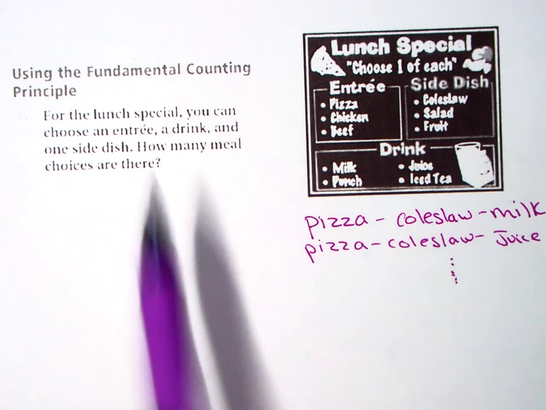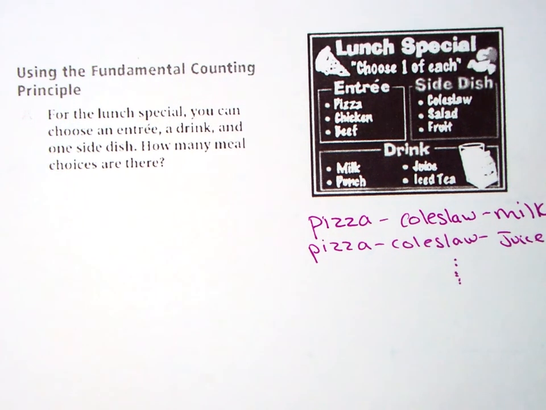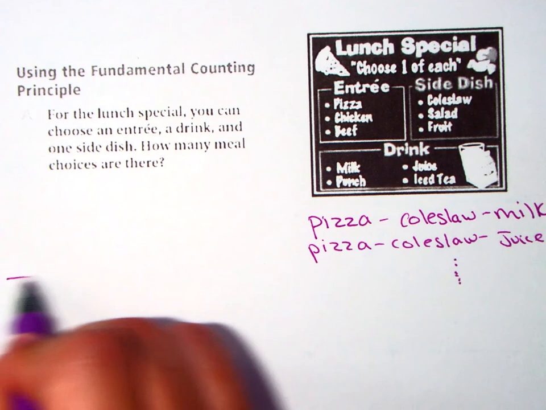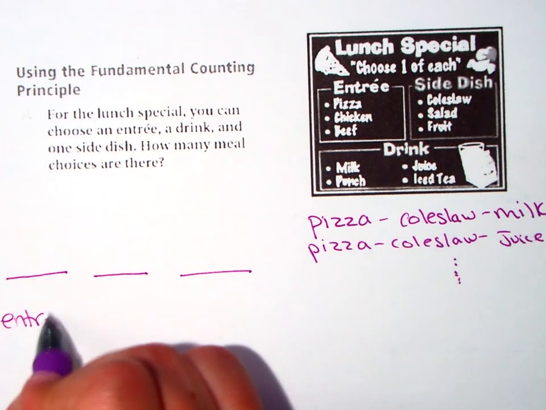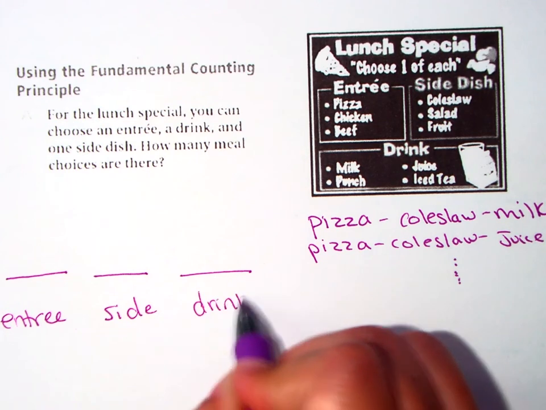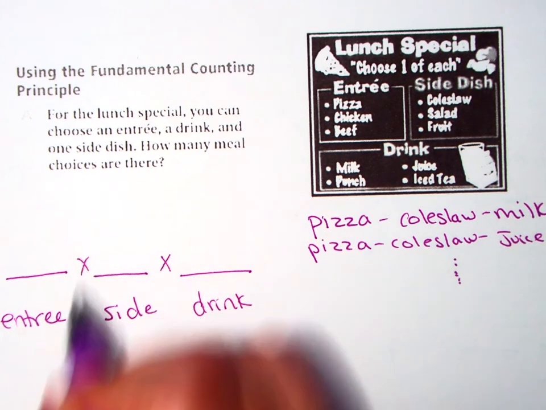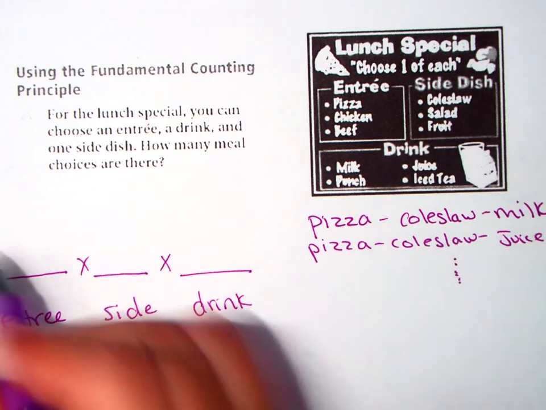Okay, so what our fundamental counting principle lets us do is we multiply all of our options together. So we have 3 options. Okay, entree, side, drink. And we are going to multiply. How many entrees do we have? We have pizza, chicken, beef. We have 3.